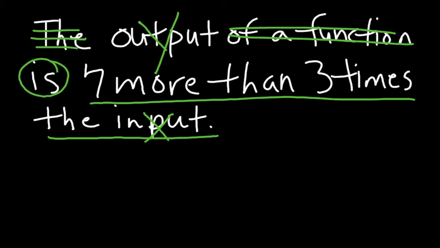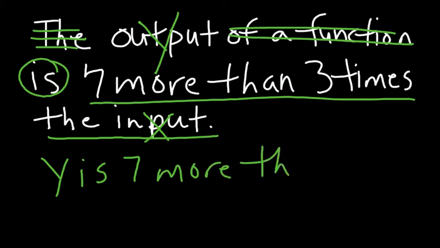So, what we really have here is y is 7 more than 3 times x. See how when I get rid of the unnecessary words and remember that y is output and x is input, I can shorten it down to that?